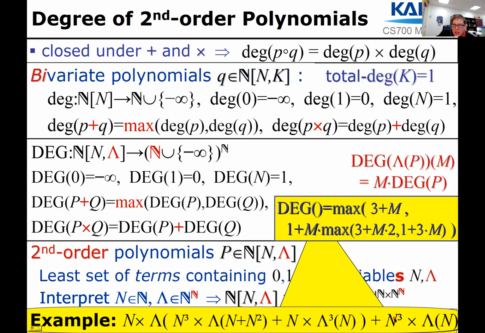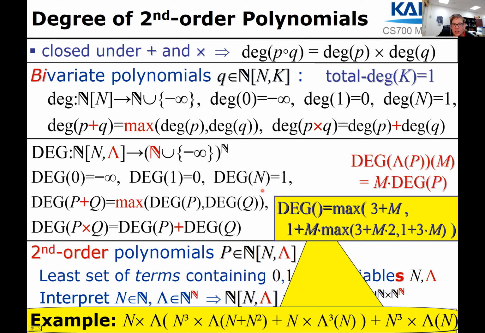The degree of n to the third is of course 3, like in the classical case. But I leave it to you to verify that this is still the same here. The degree of n is 1, and the degree of the product is the sum of the degrees.